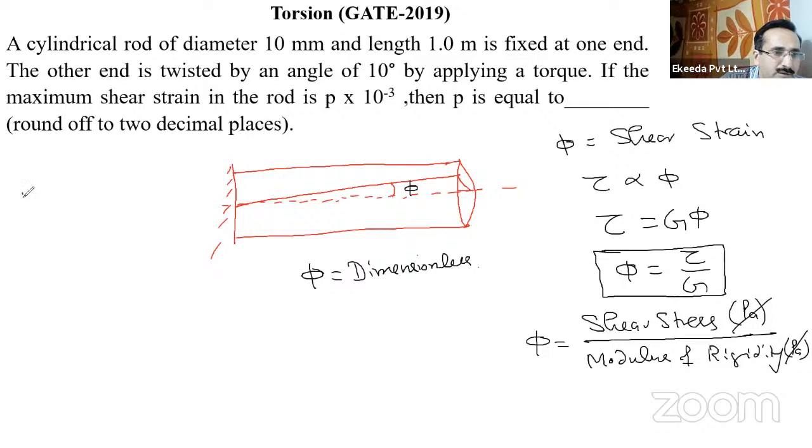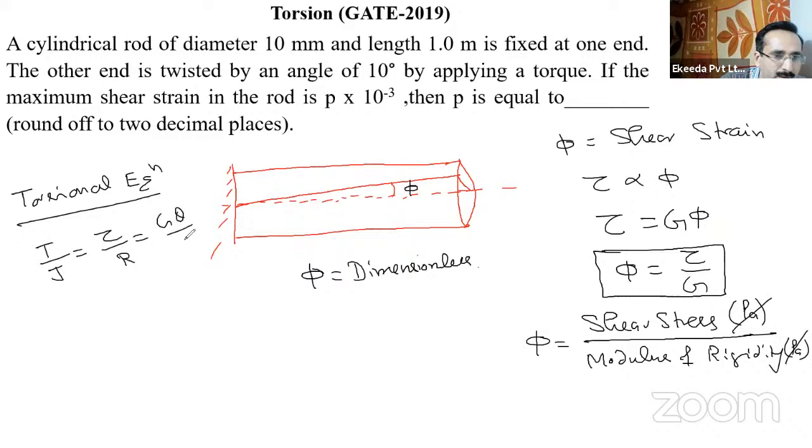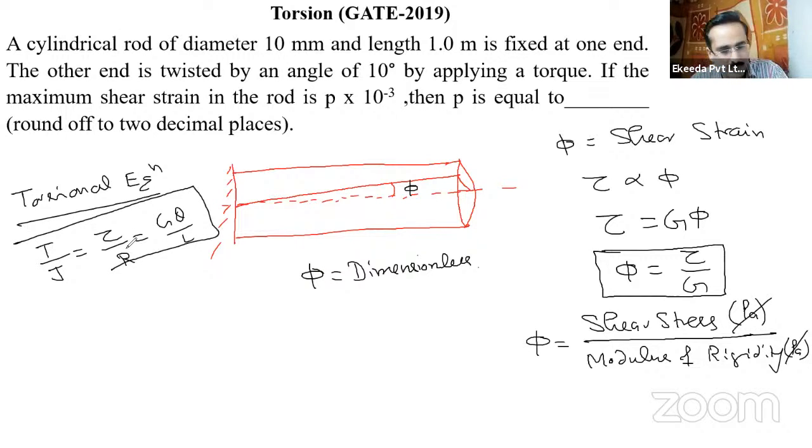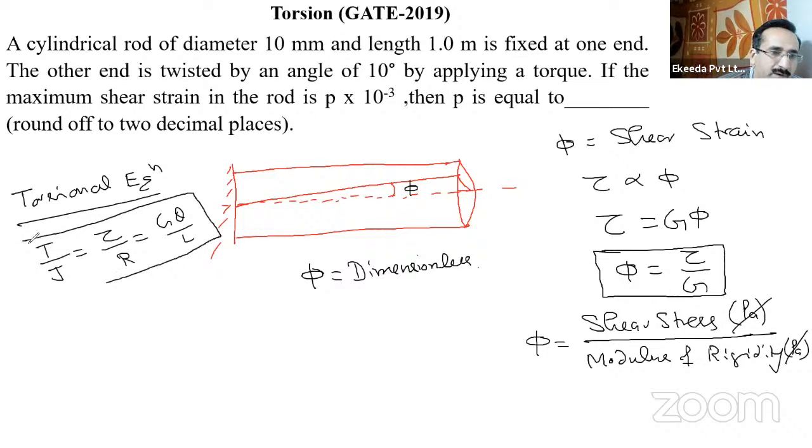And we know the torsional equation. What is the torsional equation? T by J equal to tau by R equal to G theta upon L. Right. So from this torsional equation, we can obtain phi.